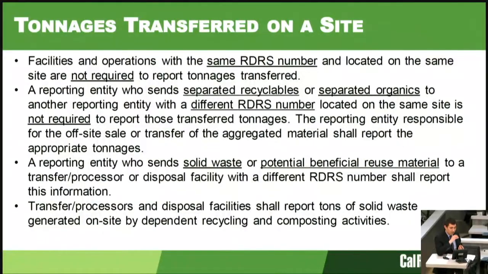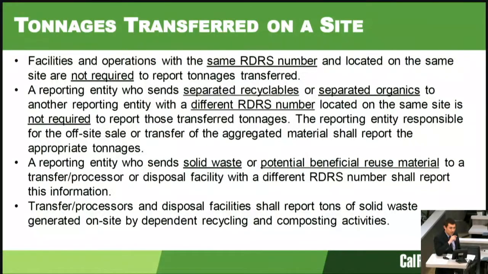So I'll briefly go over the ground rules for what you need to do for different flows on a site. If facilities in operation have the same RDRS number and are located on the same site, they don't have to record or report the tonnages between one another.